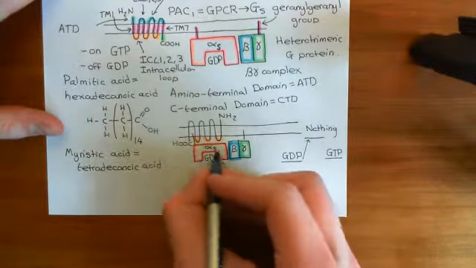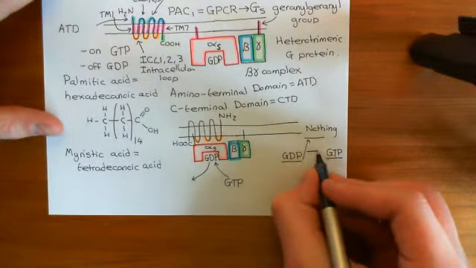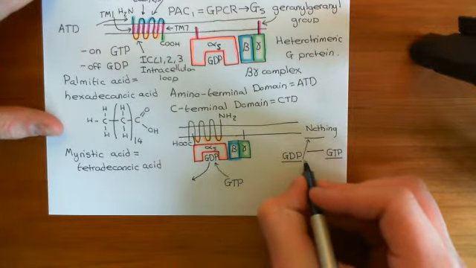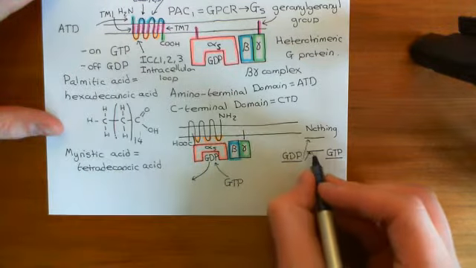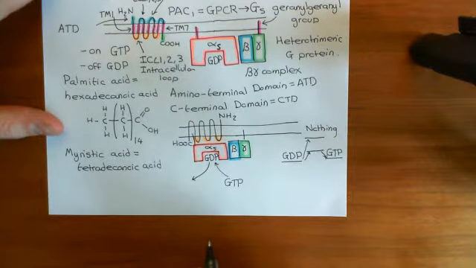The effect of binding the alpha S subunit to the G protein coupled receptor is to lower hugely the energy of that state where you have nothing bound, so that you can more easily give up the guanosine diphosphate, go temporarily into this nothing state, and then rebind guanosine triphosphate.